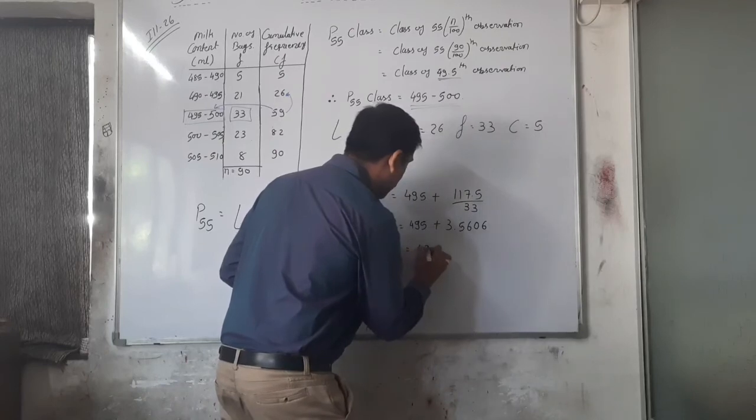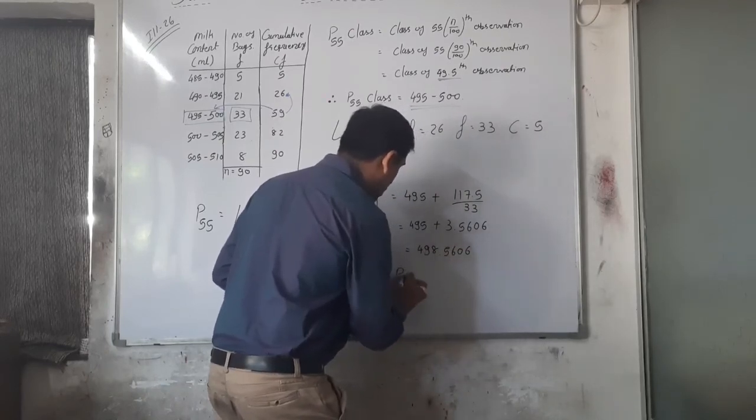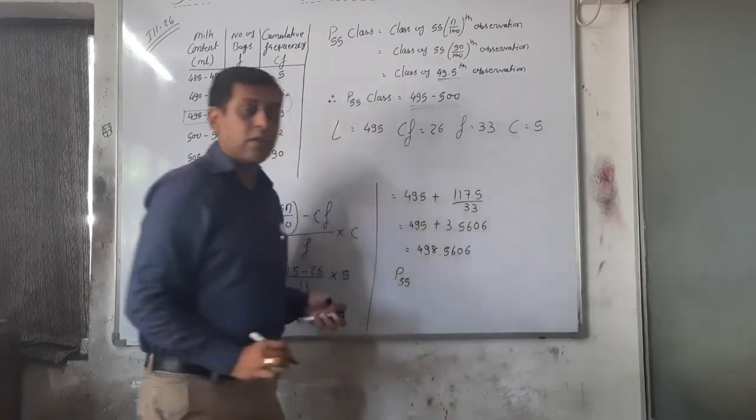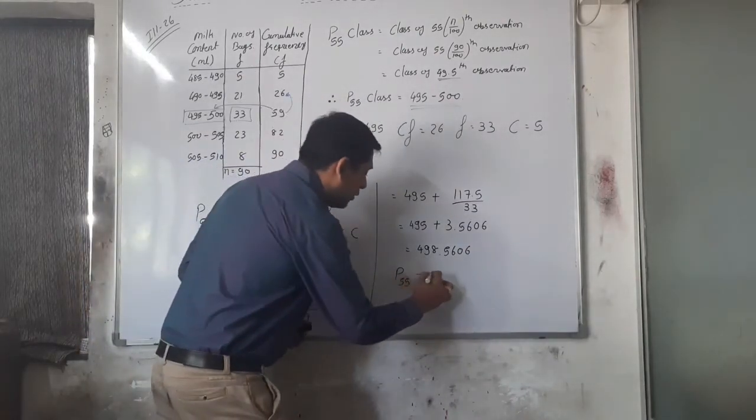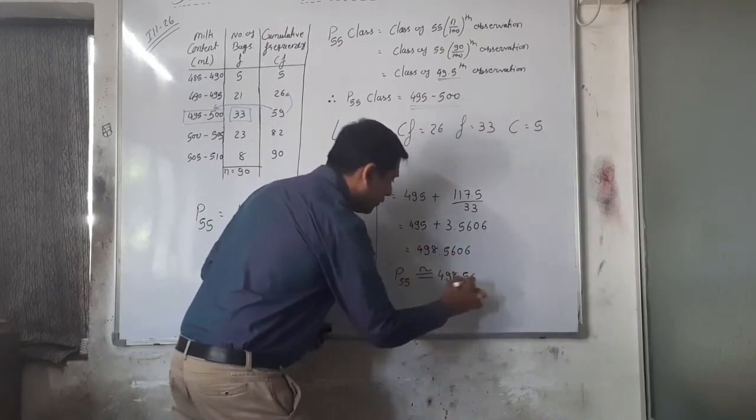So the total is 498.5606, and your approximate answer for P55 is 498.56.